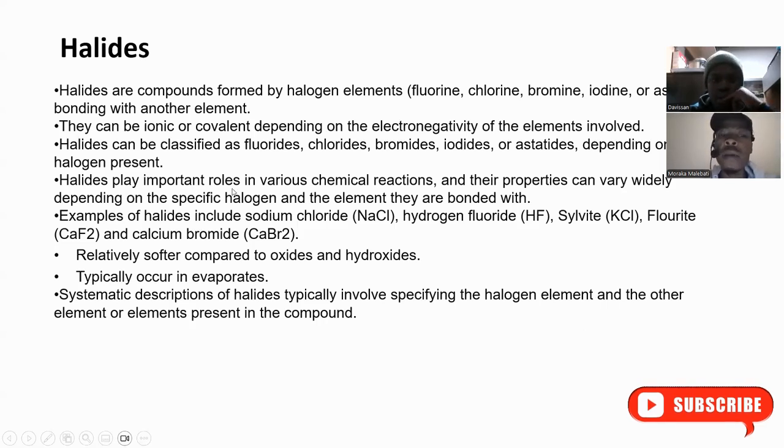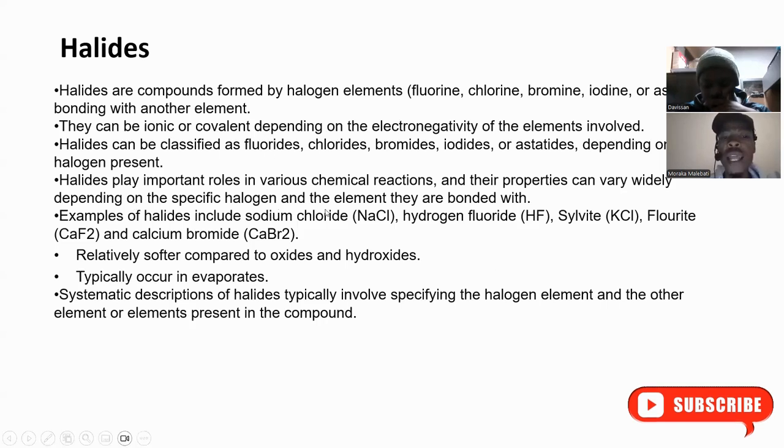Halides may play important roles in various chemical reactions, and their properties can vary widely depending on the halogen and the element they are bonding with. Obviously, sodium chloride will be different from sylvite or the bromine one, because these things are varying.